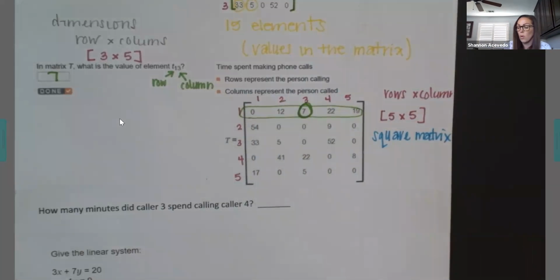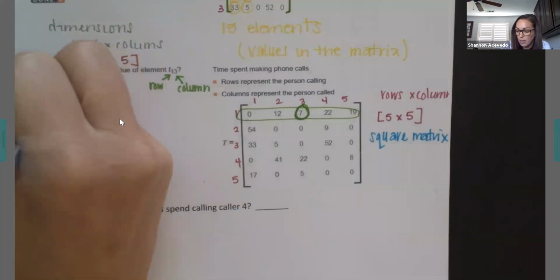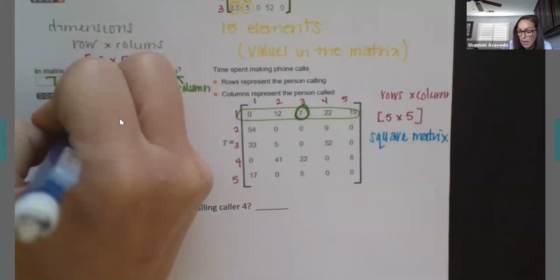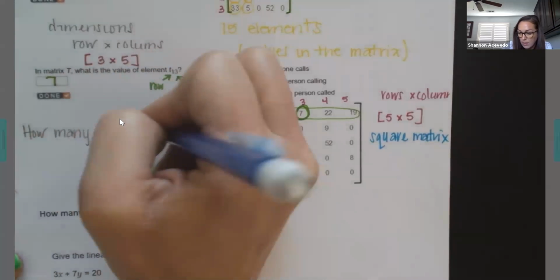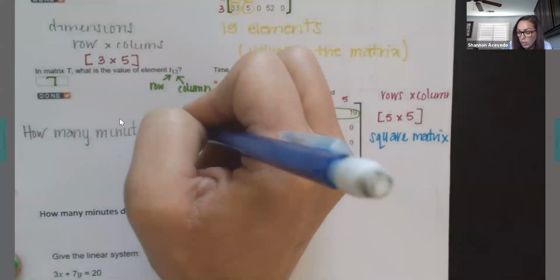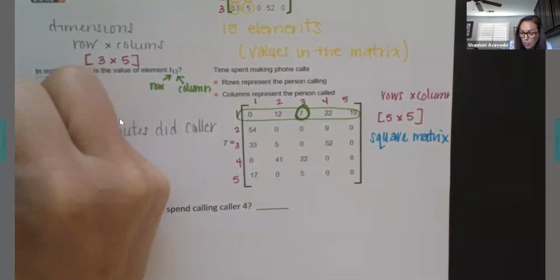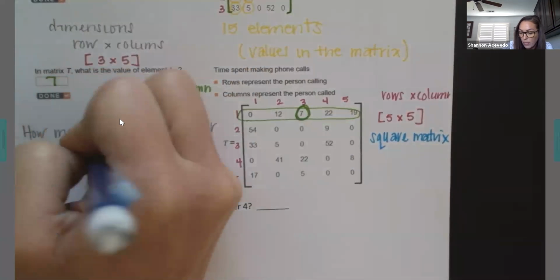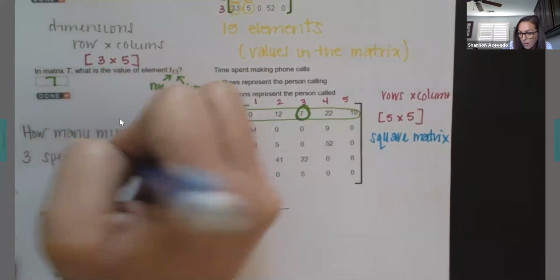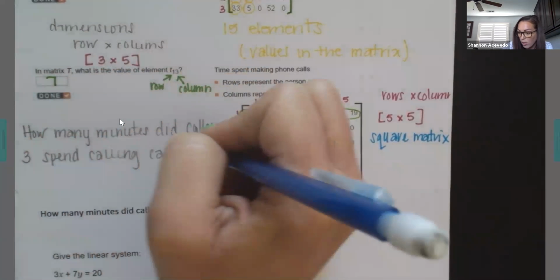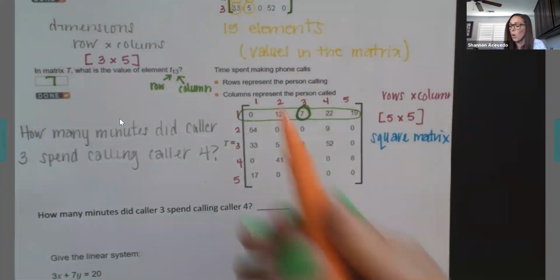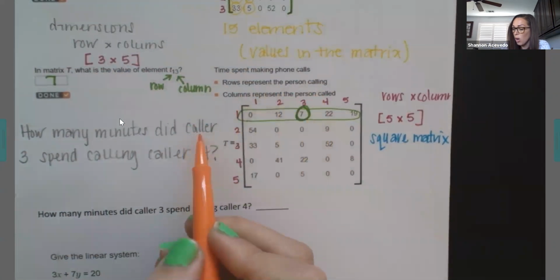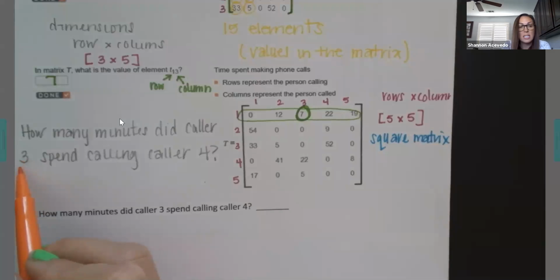Okay, so I can ask the question, how many minutes did caller 3 spend calling caller 4? Again, the rows represent the person calling, so the caller is in row 3.